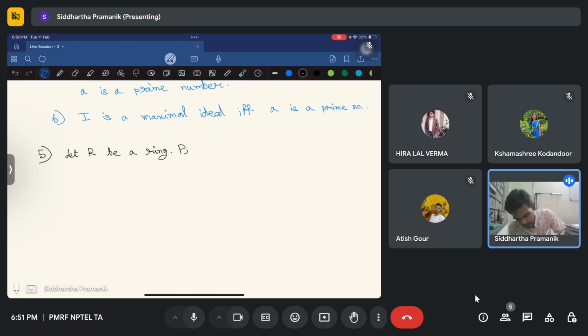Prove that the quotient ring R[x] modulo the ideal generated by x is isomorphic to R. This is also very useful.